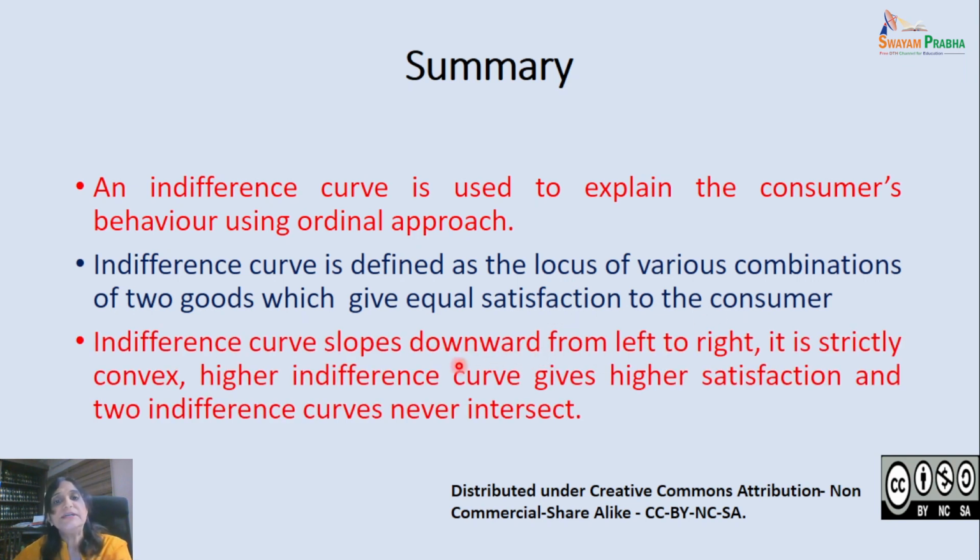Various properties of indifference curve we understood: they are negatively sloping, a higher indifference curve shows a higher level of satisfaction, and they are convex to the origin. Of course, there are two extreme cases we have understood, and they do not intersect each other. So this is the indifference curve. In the next lecture, we will be understanding how we get the consumer equilibrium using indifference curve analysis.